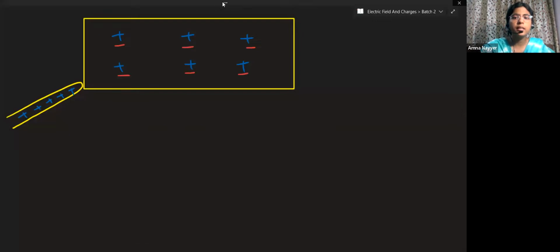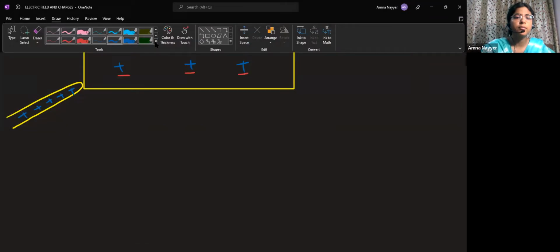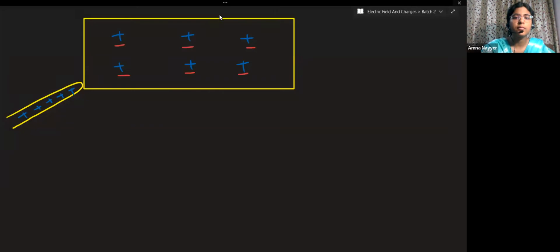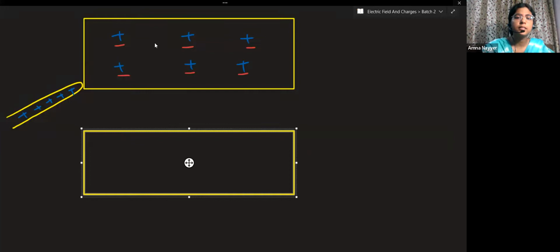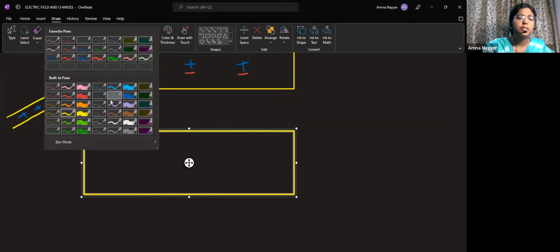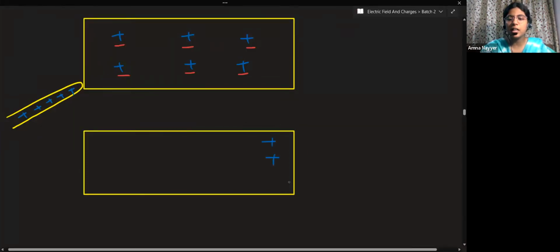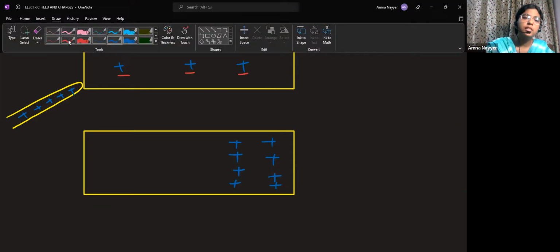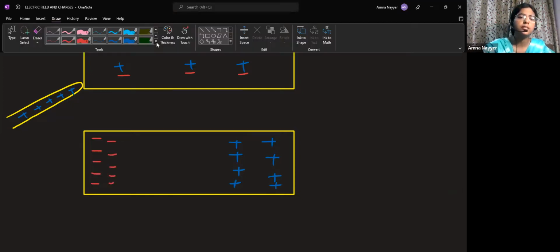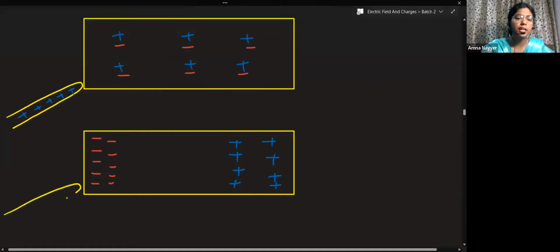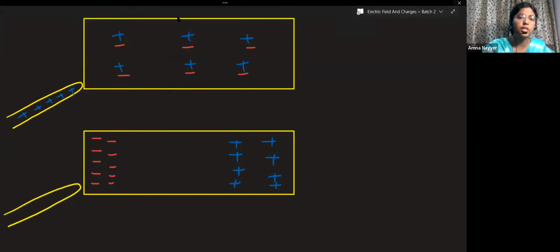So it will be in this kind. If this was the conductor, the positive charges will be left at one place. Why? Because the negative charges are getting attracted by the presence of the glass rod, if the glass rod is positively charged.